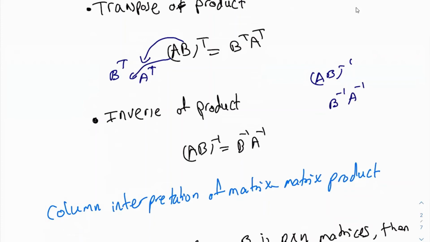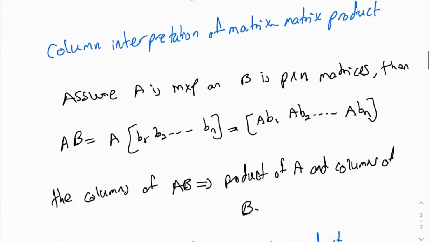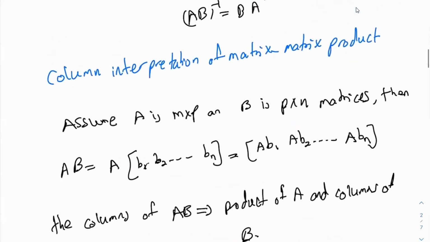Okay, great. Now let's go for an intuitive understanding of matrix-matrix product. This is very important. So assume matrix A is an n by p matrix, and matrix B is a p by n matrix. Now represent B in its column representation.